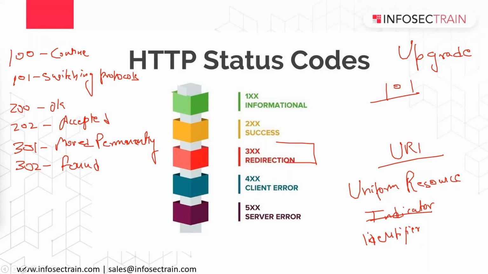It will have the scheme name, the authority, the path, the query you have sent. Now URL is a subset of URI. So when we are talking about 302 found, it means that we have found where exactly the URI of the requested resource is. It is moved or changed temporarily, but we have found the place and now we are getting redirected to that place.